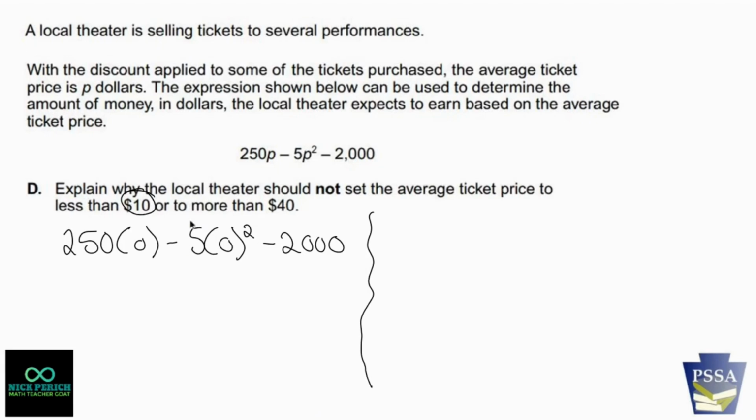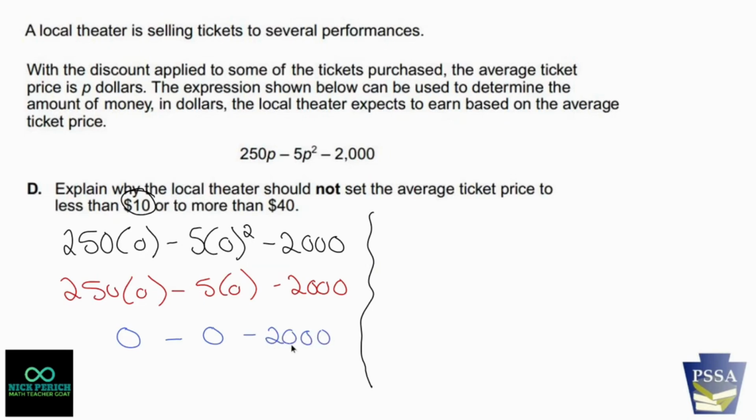Order of operations says we do exponents first, so 5 times 0 squared is 0. Drop down 250 times 0 and minus 2,000. Then we do multiplication left to right: 250 times 0 is 0, minus 5 times 0, which is 0, minus 2,000. So 0 minus 2,000 is going to be negative 2,000.